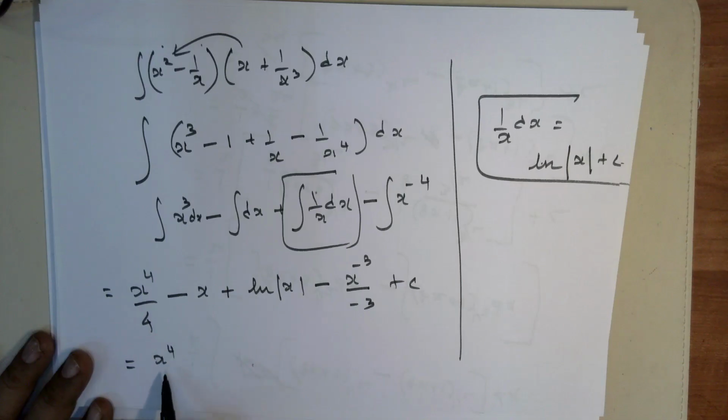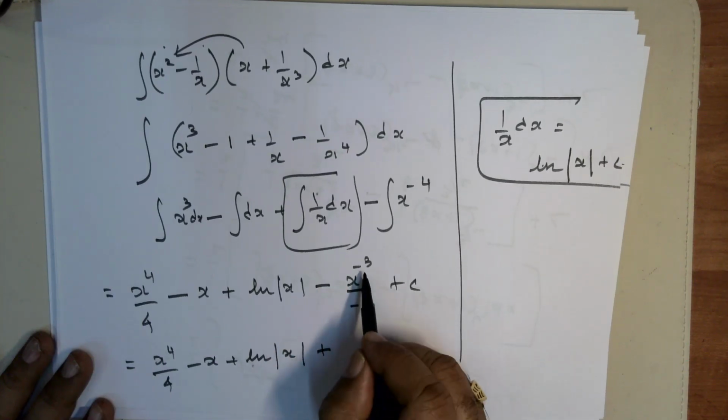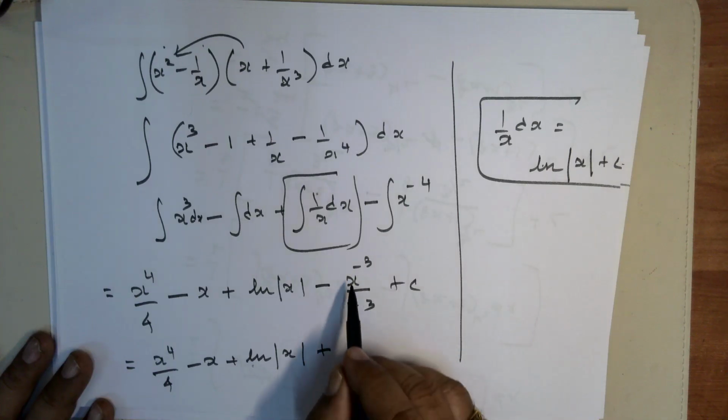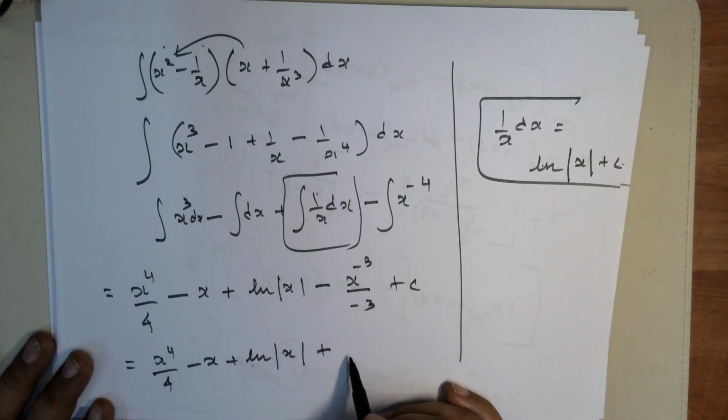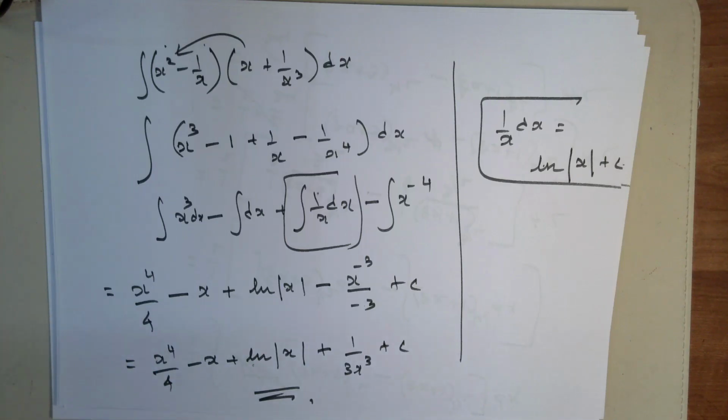So x power 4 divided by 4, and then you can put minus x plus natural log x, and then minus of minus, plus. Then you can bring this x power minus 3 to the denominator as x power 3, x cube, right? So 1 by 3 x cube plus c. This is the answer. Okay, got it?